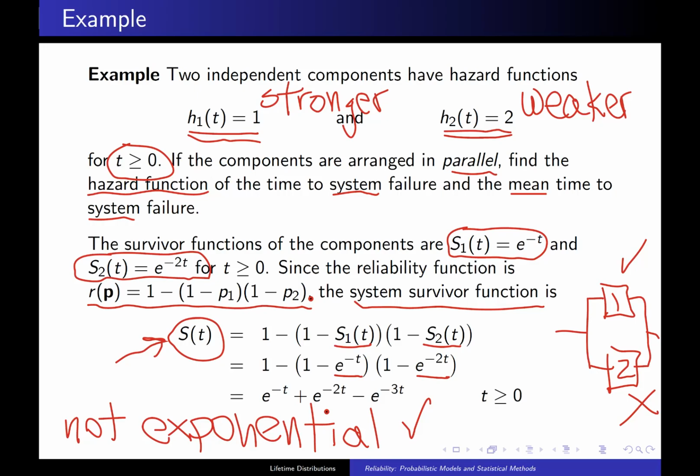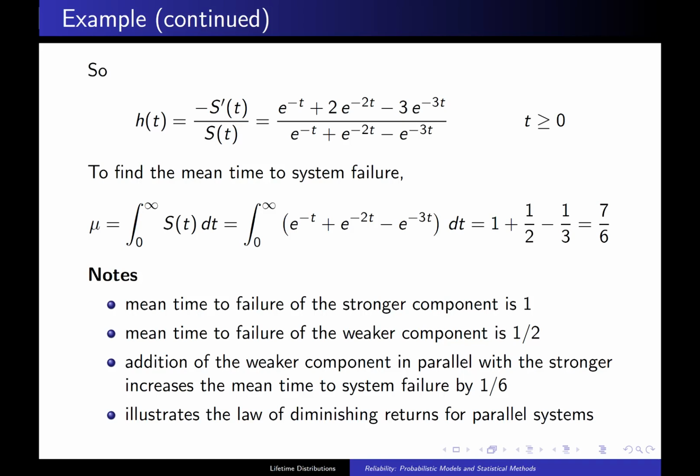We still haven't gotten our first thing we need, which is the hazard function. In order to go from the system survivor function to the system hazard function, you again use the 5 by 5 matrix, and in that 5 by 5 matrix, the correct entry is minus s prime of t divided by s of t.